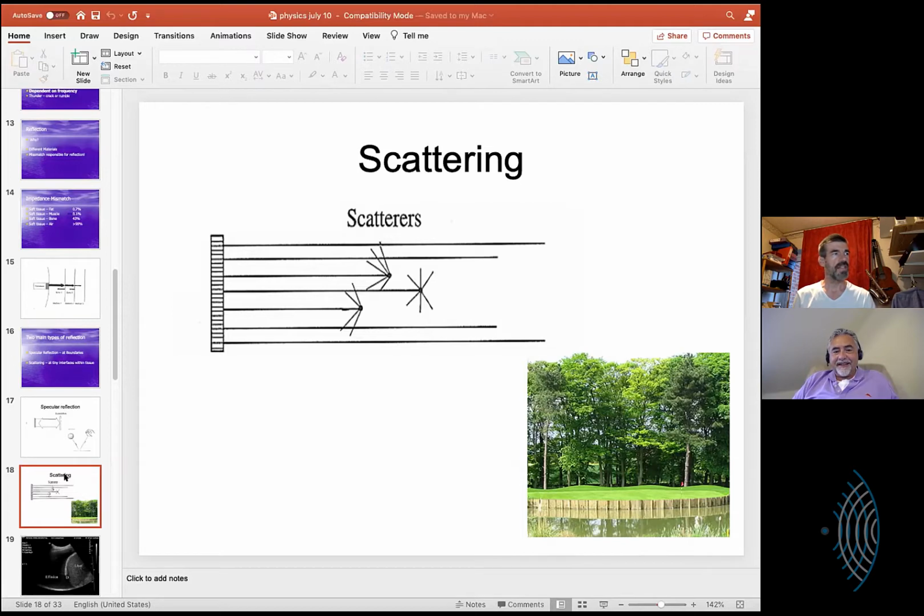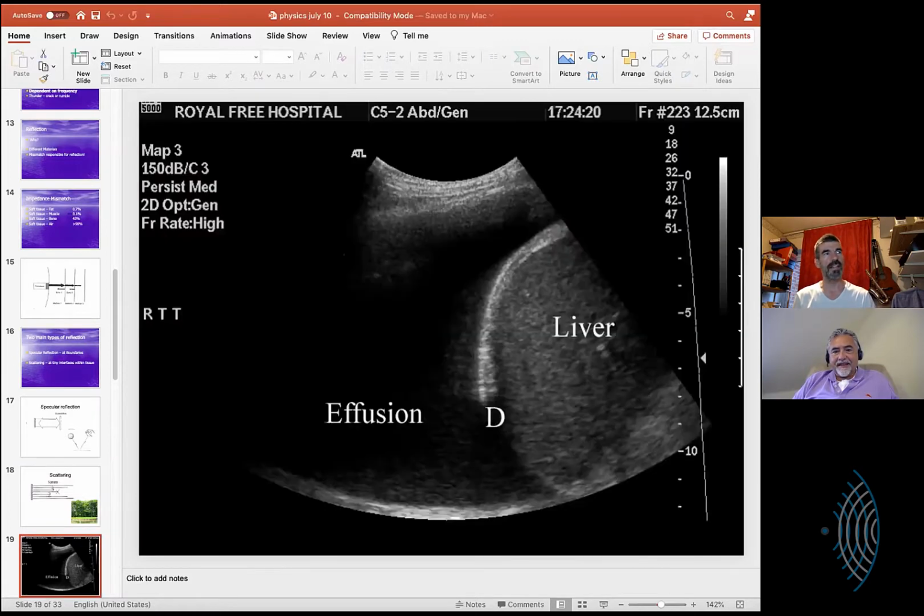So that's what happens. And so what you get, and this is a classic picture of an effusion in a chest. So this is the chest wall here. This is an effusion, a pleural effusion. You remember back to your hospital days, and this is the edge of the diaphragm.